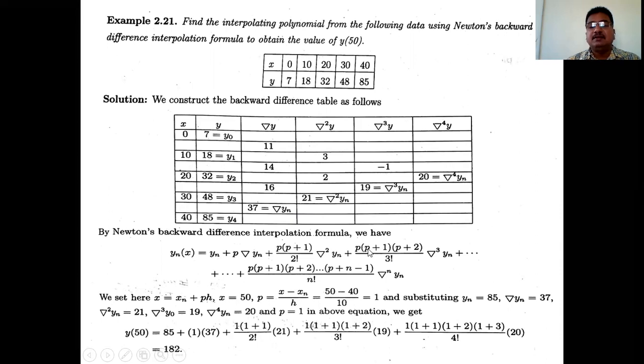Then again the term u(u+1)(u+2) by 3 factorial and del cube f(a+nh) is 19. And then the next term is u(u+1)(u+2)(u+3) divided by 4 factorial into del raised to 4 f(a+nh), which is 20. Calculating by using a calculator, we get the answer 182. So the answer corresponding to 50 is 182. This is the value of y at 50, or f(50).